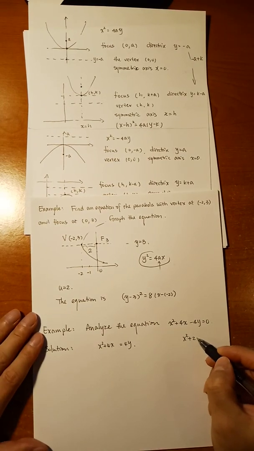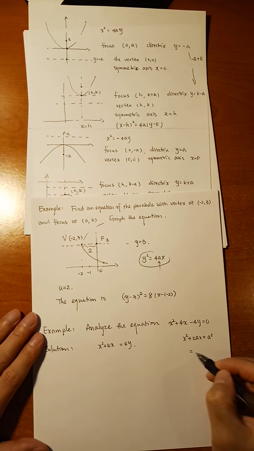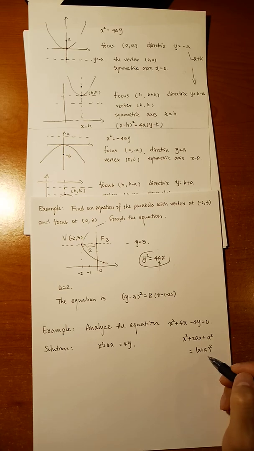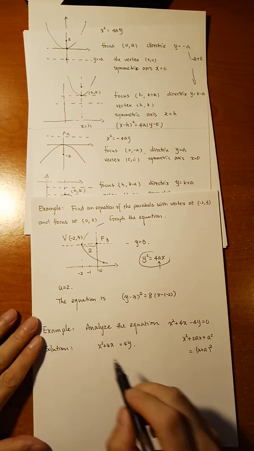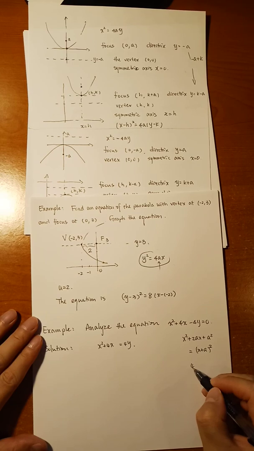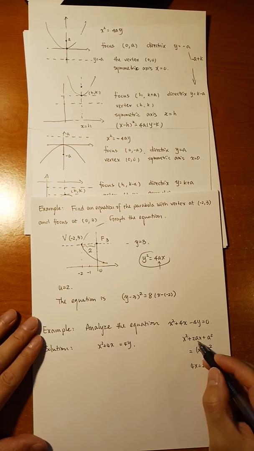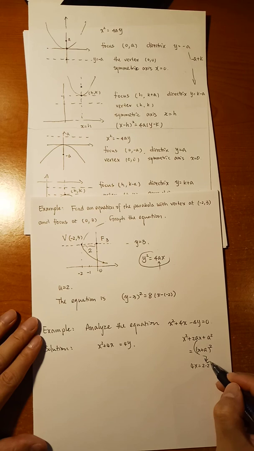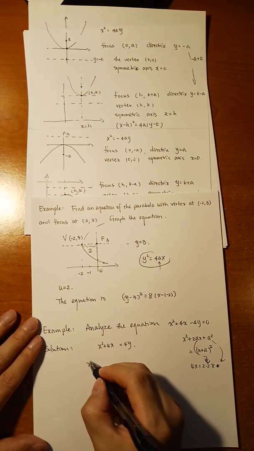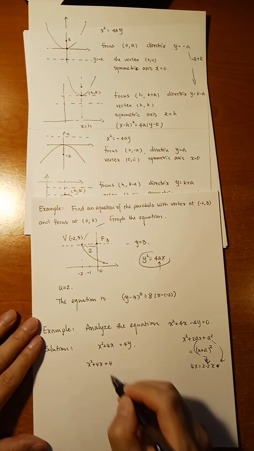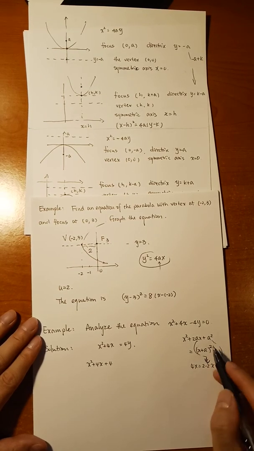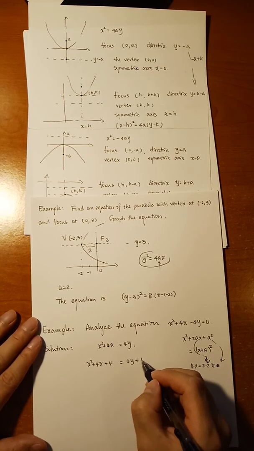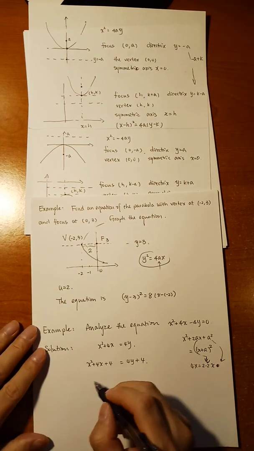Remember, x squared plus 2ax plus a squared equals x plus a, quantity squared. Here 4x you consider as 2 times 2 times x, so a is equal to 2, and you need another 2 squared. This 4 comes from 2 squared. You add 2 squared on the left-hand side and also on the right-hand side, and then you complete the square.